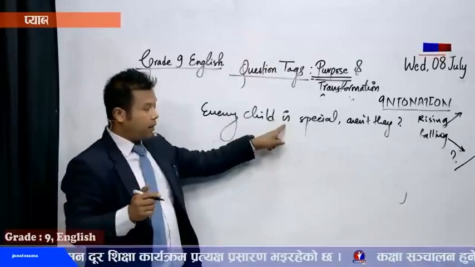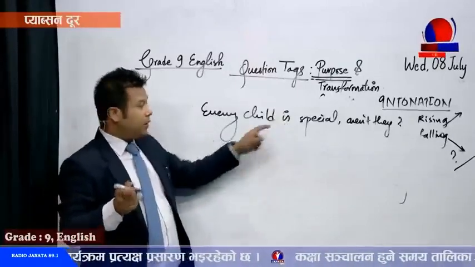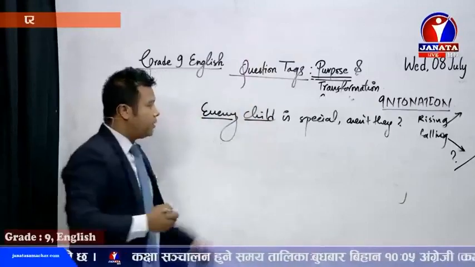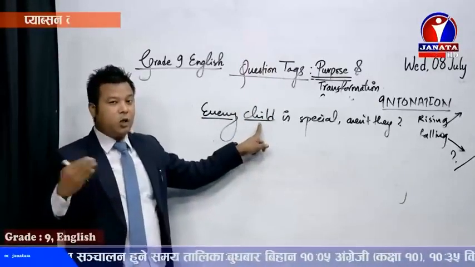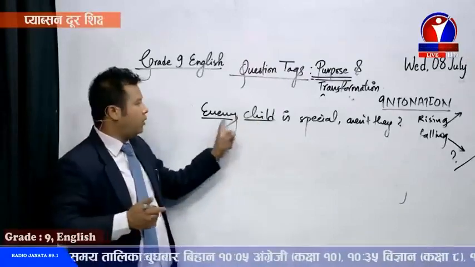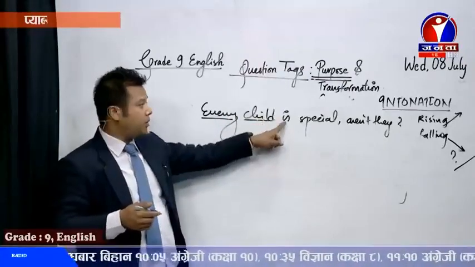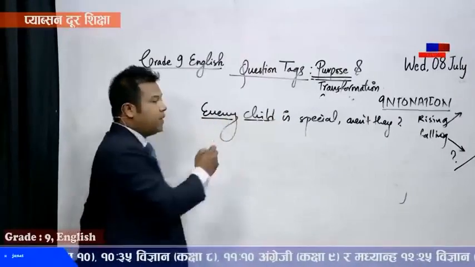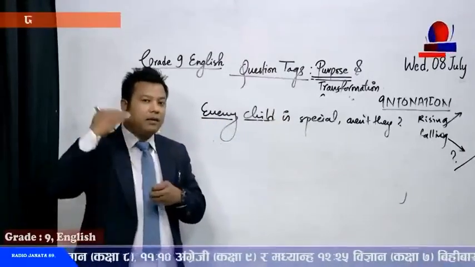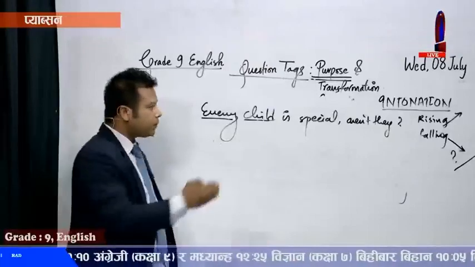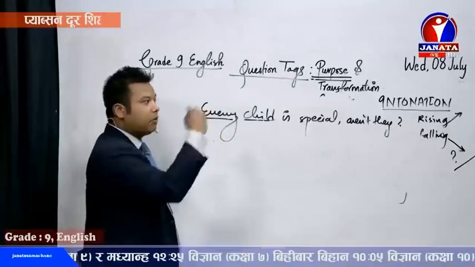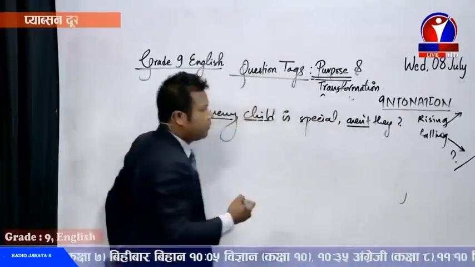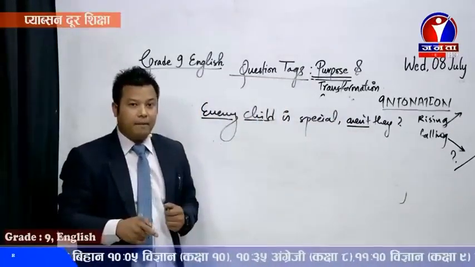Though there is the verb is, our concept is every is used with a singular noun format. We never say every children. It sounds so, but it is wrong. Every child, and child is singular, so is. Every child is special. But with the tag, we understand every in distributive form. In the distributive form, every talks about all, and therefore the to be verb changes into are, and therefore it becomes aren't they.